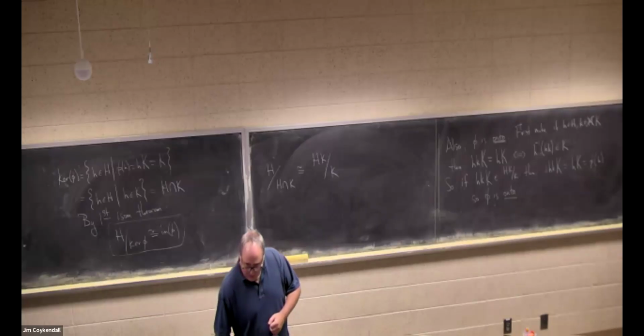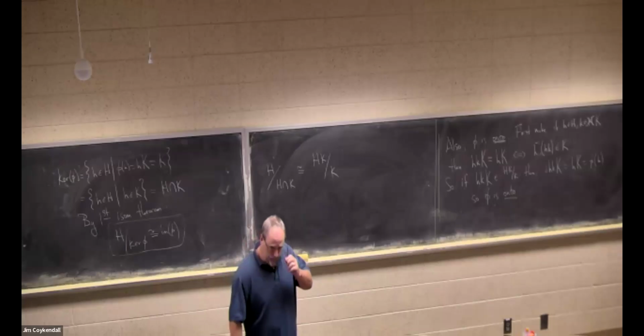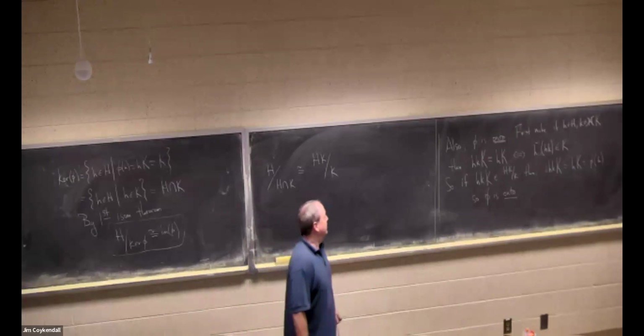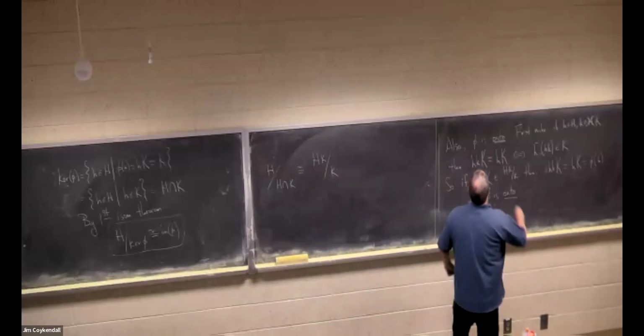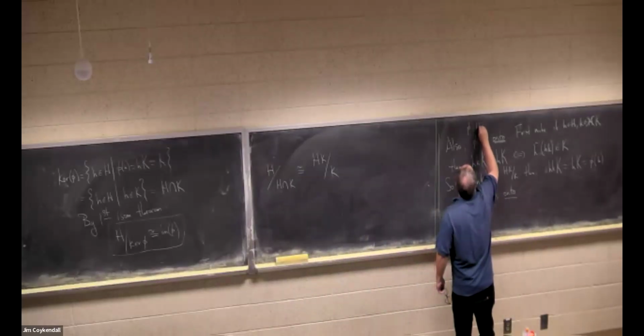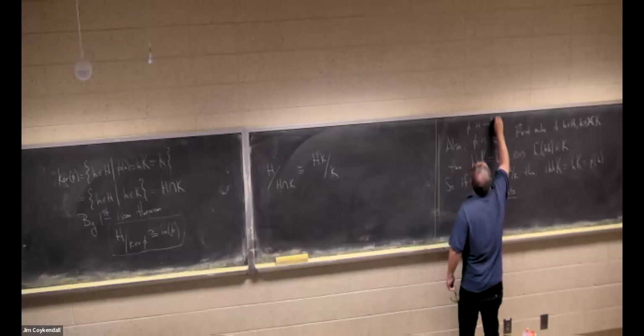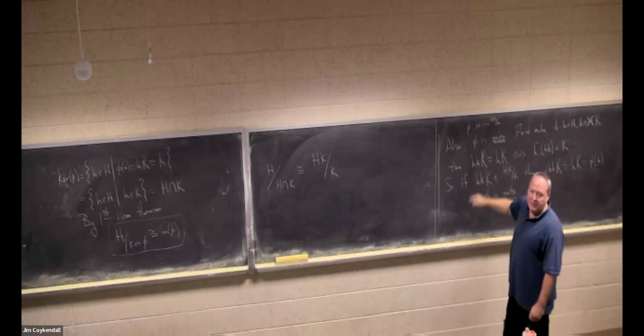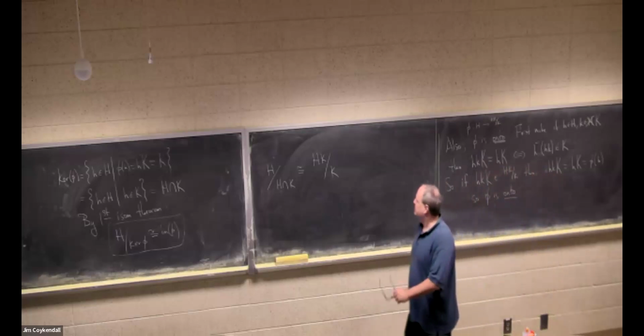But why is the image HK mod K? Right, because we proved it was onto. So remember, phi went from H to HK mod K. You showed it's onto, so that's the image.